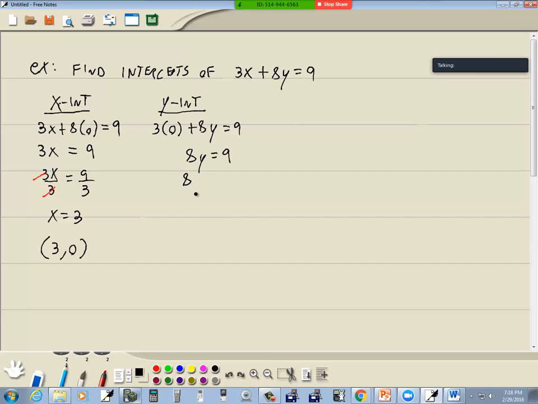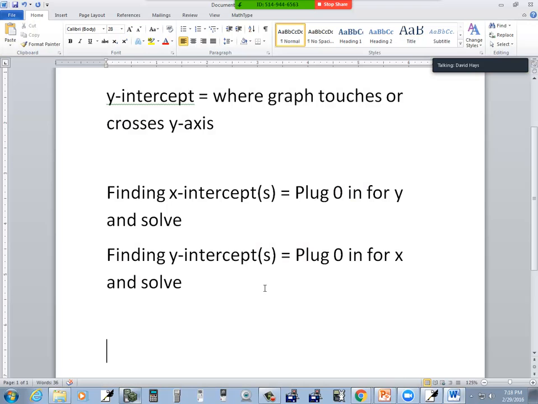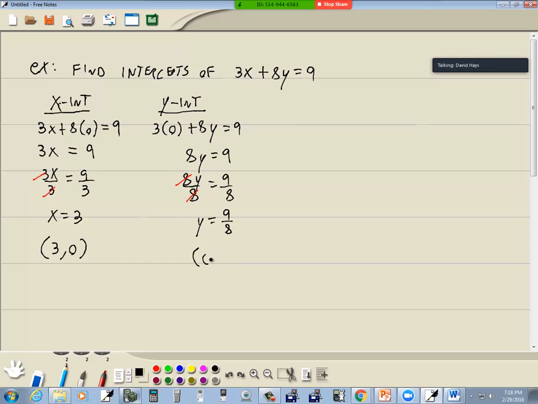Then we're going to divide both sides by 8 to get y by itself. Those 8's cancel. And we get y is equal to 9/8. Now remember what we did for the y-intercept. We plugged 0 in for x. So this point would be (0, 9/8). And those would be our intercepts.